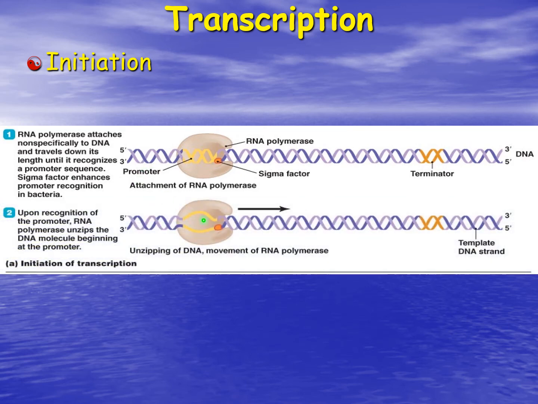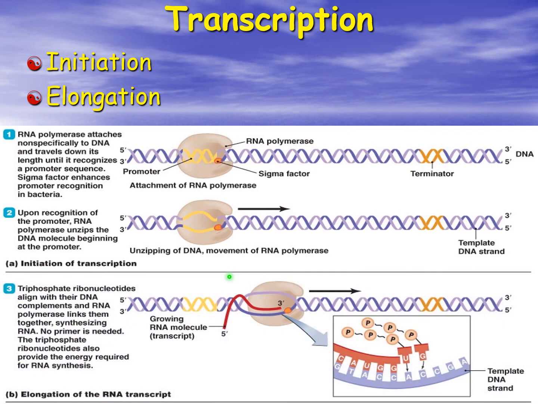Once we have initiated transcription, we begin to match DNA nucleotide bases to RNA nucleotide bases. And this is then the process of elongation. And we're again making this new strand of messenger RNA from the 5' end to the 3' end. Again, simply matching T's to A's, A's to U's, C's to G's, etc., as we move right on down the strand.